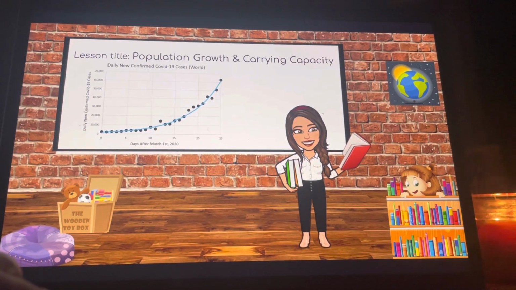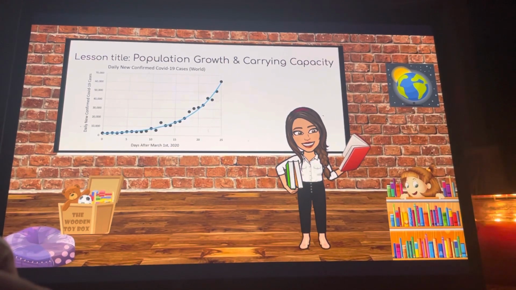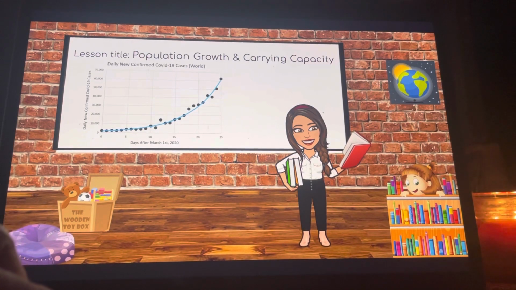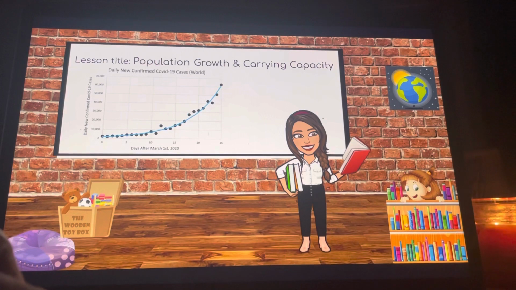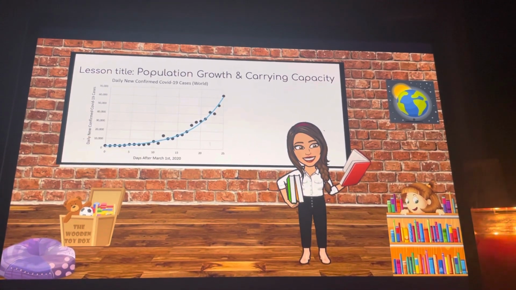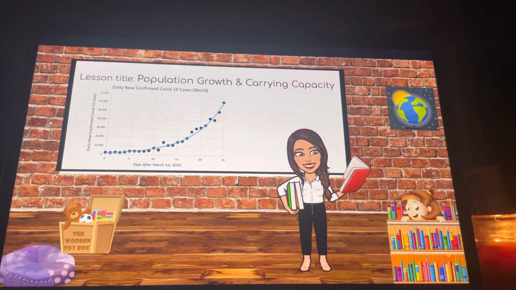Here you can see an example of what exponential growth would look like on a chart. We will not be dealing with the formula, but exponential growth goes into population growth and carrying capacity, as you have a visual. The visual is not something that you need to copy.